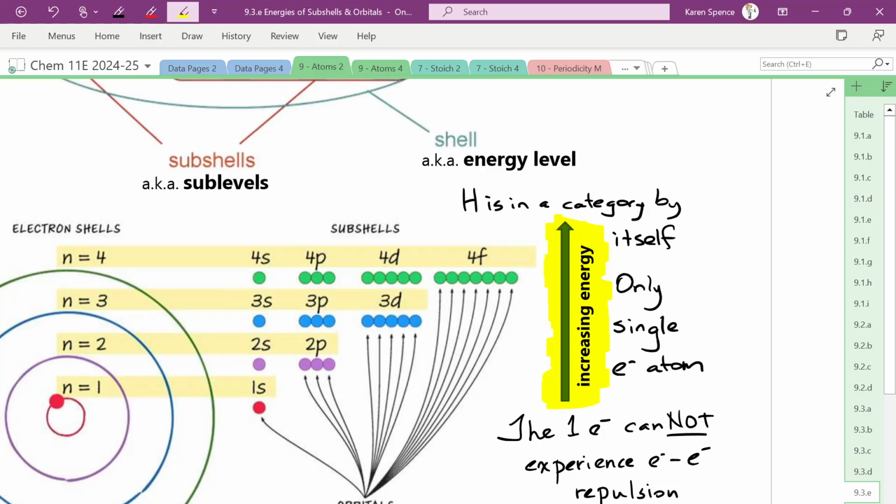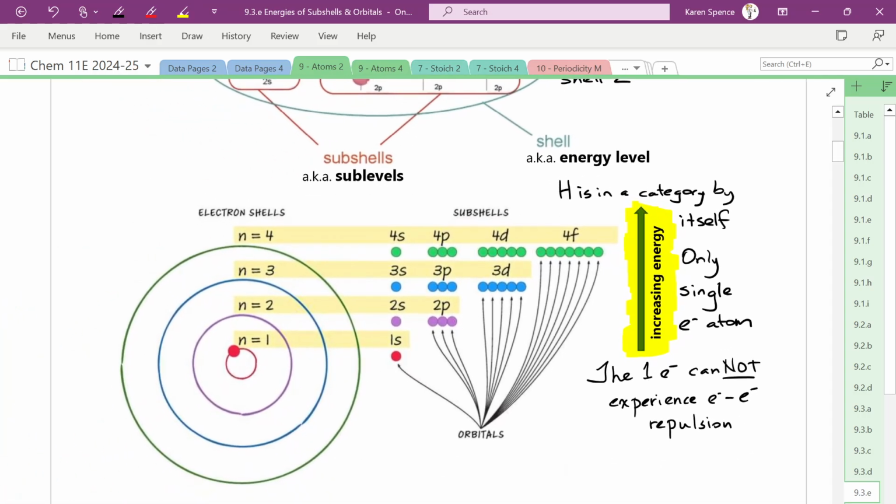It is electron-electron repulsion that makes the electrons in different subshells repel each other differently and bump things to higher energy levels. Okay, so what's happening here is all these subshells in n equals 4 have equal energy.